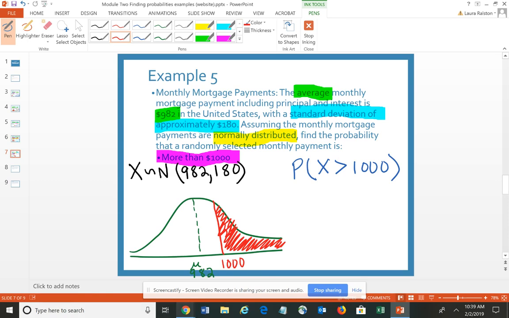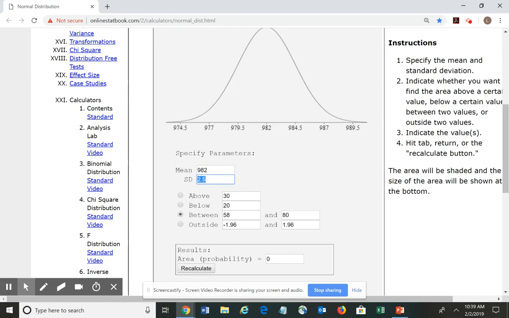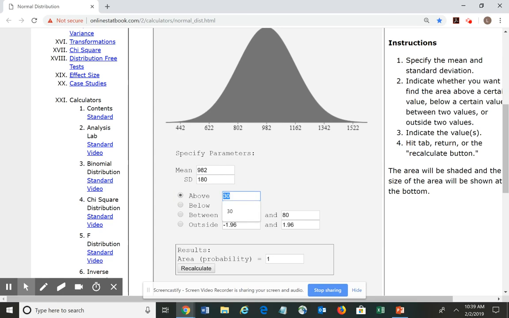So I'm going out to my website. Got to enter the information. My mean is stated as 982. My standard deviation is given as 180. In this case, I want to be more than, greater than, or above 1,000.